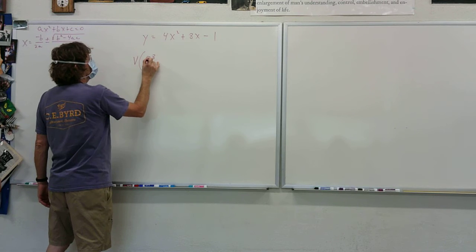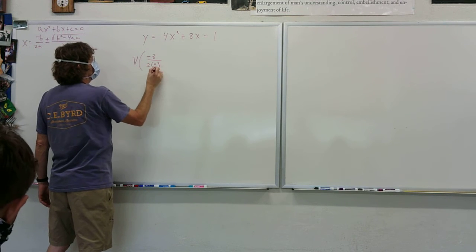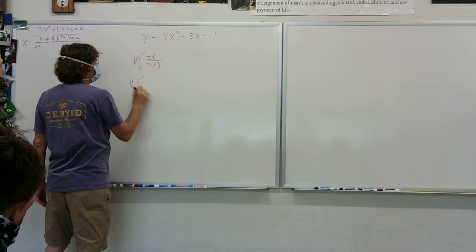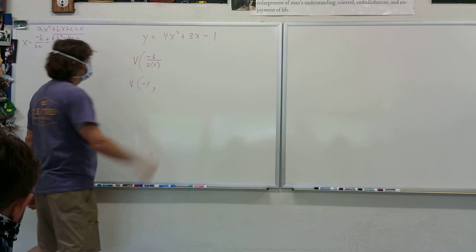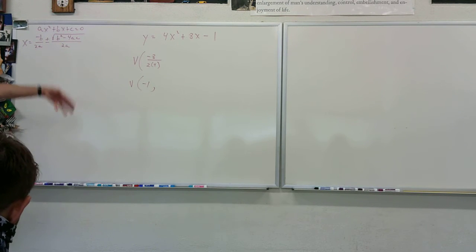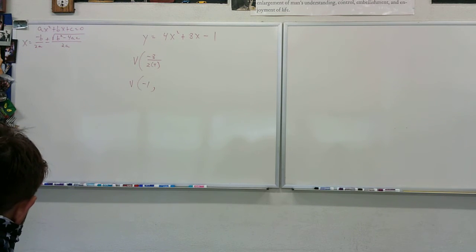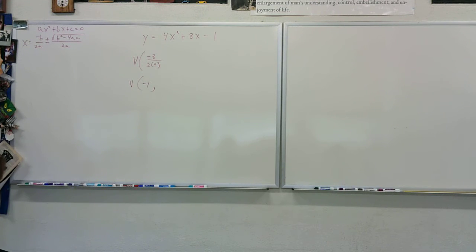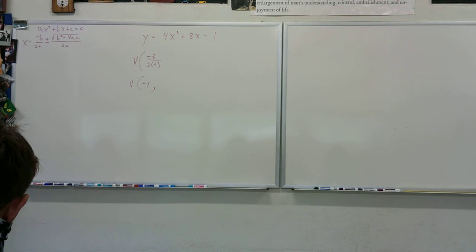Negative 8 over 2 times 4, and we get a value of what? Negative 1. And notice how I always do that in a little line like that where I can work it out, and I ended up with it. One thing we're trying to accomplish here is to make it where you can follow patterns. All right? Make it where you can follow patterns.